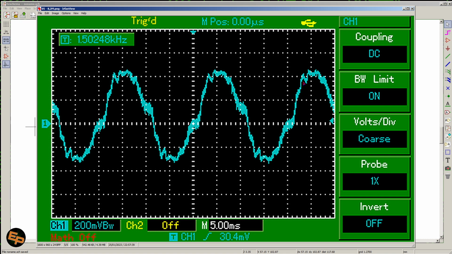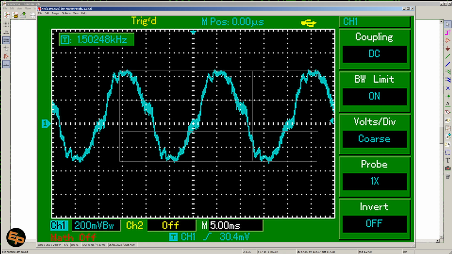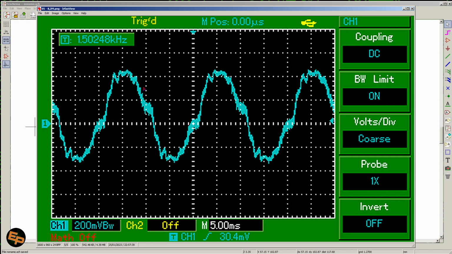The imperfect sine wave gets to be even more clear now, and the 50 hertz frequency also becomes even clearer. This is basically enough to turn on a bipolar transistor. 700 millivolts would be enough to turn on a bipolar transistor, which, needless to say, wouldn't be nice.